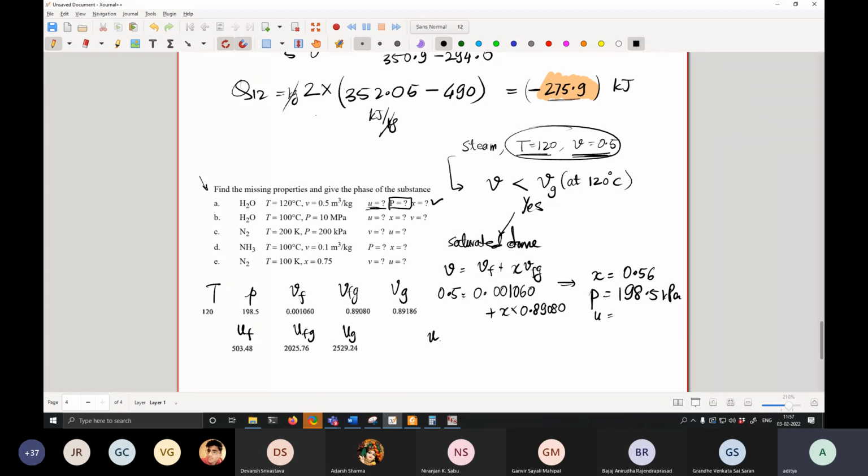U will be equal to Uf plus X times Ufg. This will be 503.48 plus 0.56 times 2025.76, and this entire thing will be in kilojoule per kg. So what is the value? 1637.